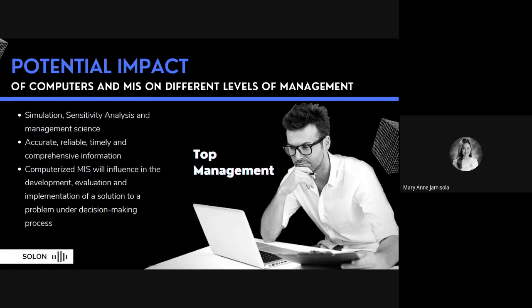If a human employee is the one to compute something, then it is prone to human error. It may not be accurate. Such information will be quite useful for the purpose of managerial planning and decision making. Computerized MIS will also influence the development, evaluation, and implementation of a solution to a problem under the decision making process.